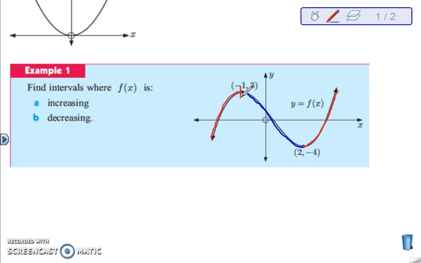So I can say that my graph is increasing where x is less than -1. Or if I'm writing that as an interval, that's negative infinity to -1.